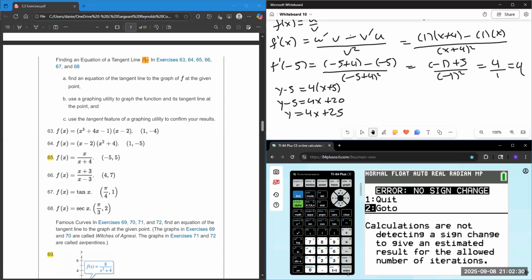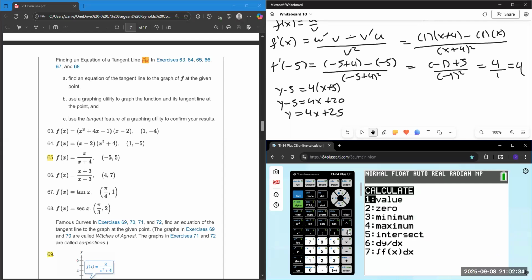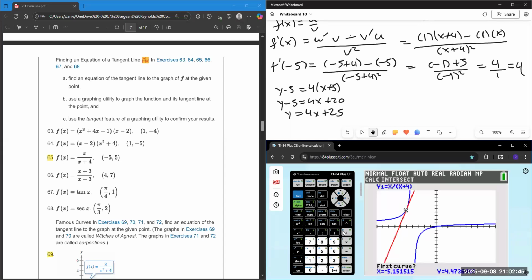I guess I need to get a little bit better guess. This is kind of hard because they only touch at one point. I'm just going to show it to you this way. Trace negative 5, 5 on the blue function, and negative 5, 5 is on the red function there.